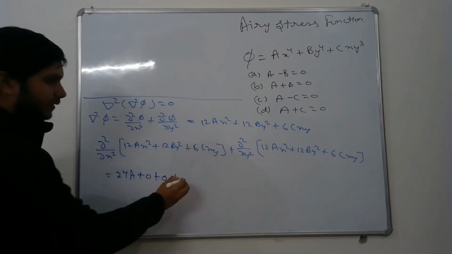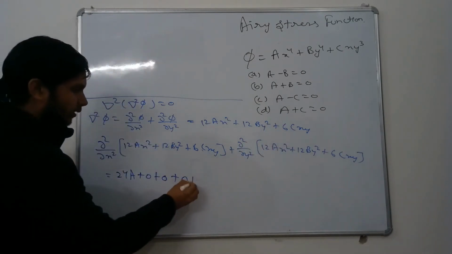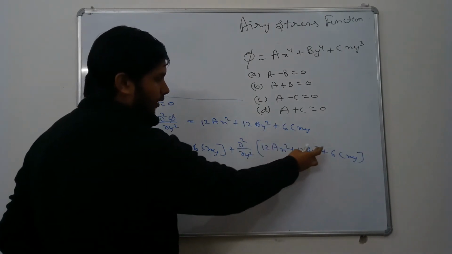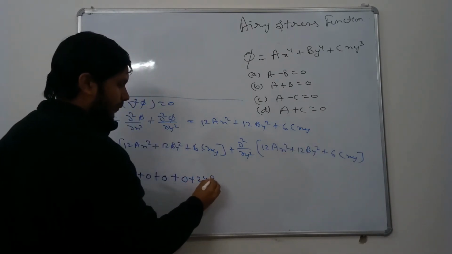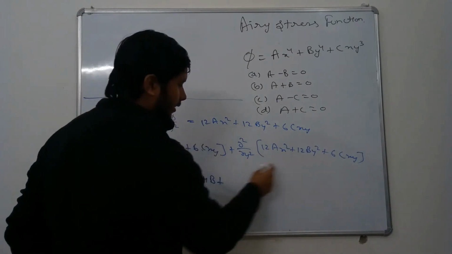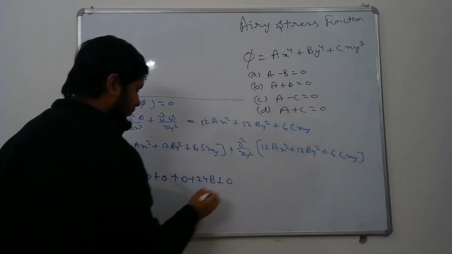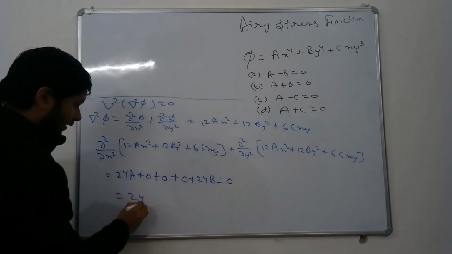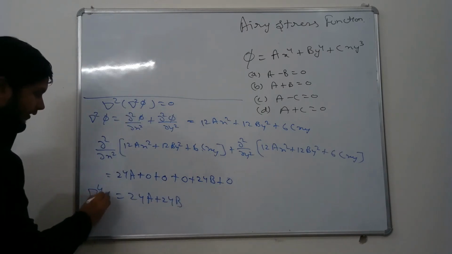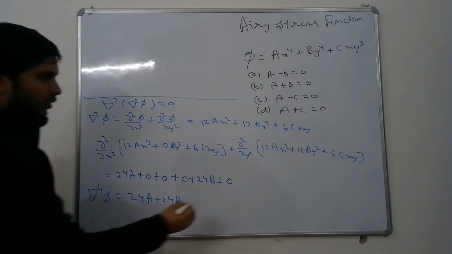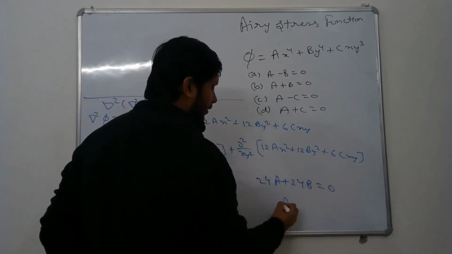Now del square by del y square: no y in the first term, so 0. Then 12 times 2 is 24, 24b y and the second time 24b. The last term has one y, so the first time 6c x and the second time 0. So basically it will be 24a plus 24b. This is del to the power 4 phi, and it must be 0. So 24a plus 24b equals 0, which means a plus b equals 0.